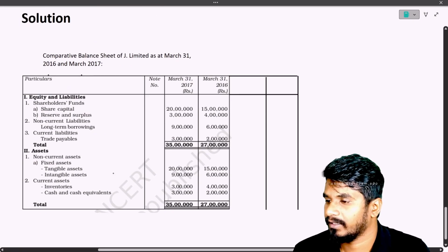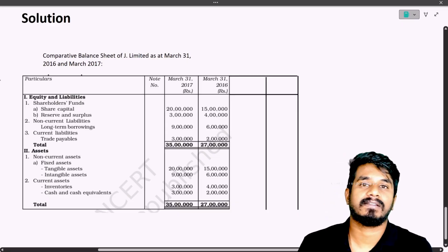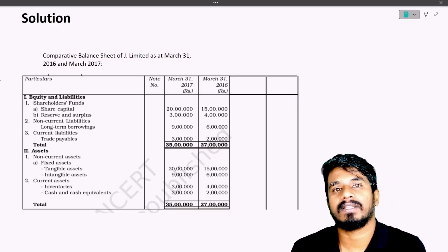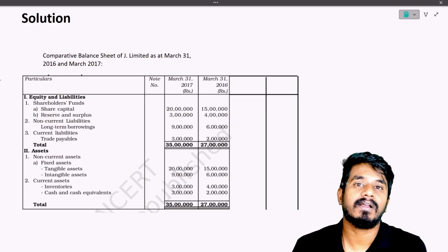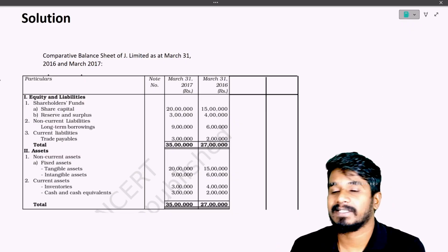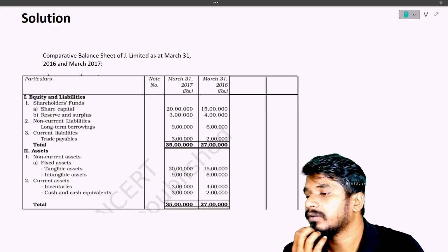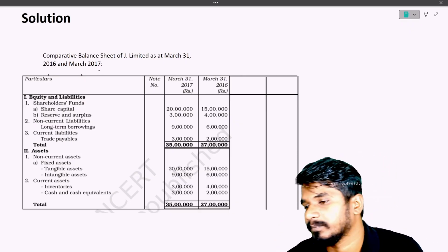I have already drawn the columns. You need to write it exactly like this, with no changes at all in the balance sheet format. That's why you need to practice the balance sheet format very well, because without that, you cannot prepare this. So we'll go to the solution.